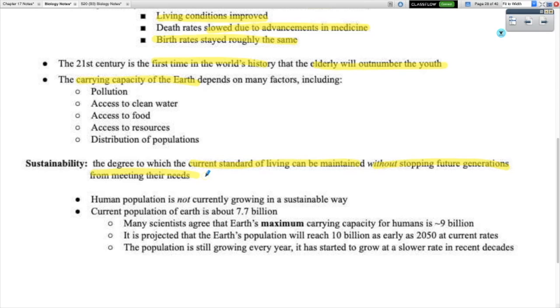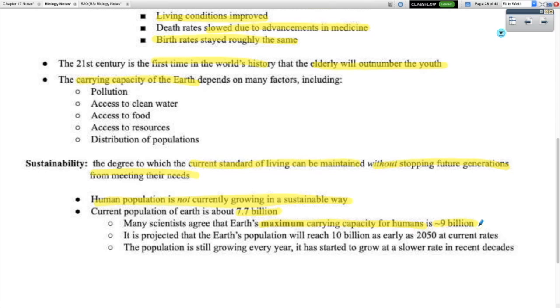Now, human populations are currently growing in an unsustainable way. The human population is not growing in a way that can be sustained. So the current population of Earth is about 7.7 billion. Many scientists agree that Earth's maximum carrying capacity for humans is about 9 billion. We're almost at 8 billion.